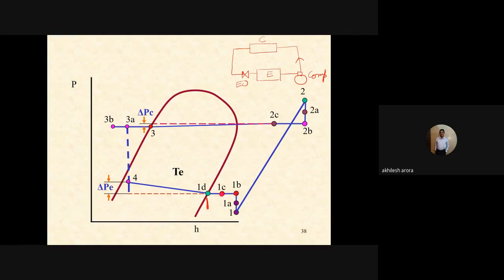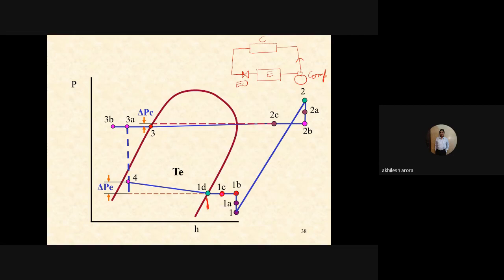And you know why the superheating is taking place in the suction line? The temperature of the refrigerant in the suction line is well below the surrounding temperature. So heat flows from the surroundings into the suction line, and that is why the state shifts from 1C to 1B.